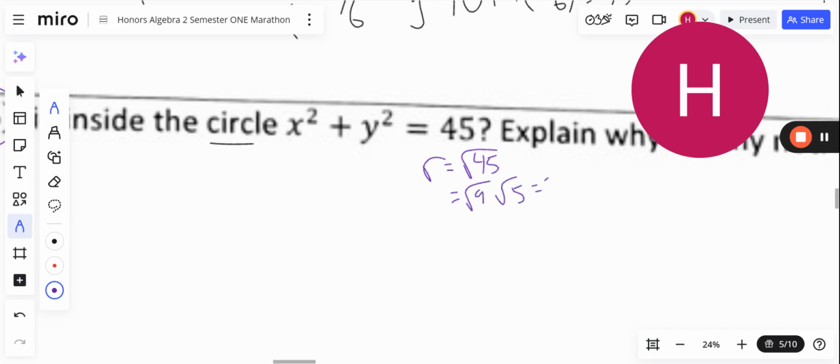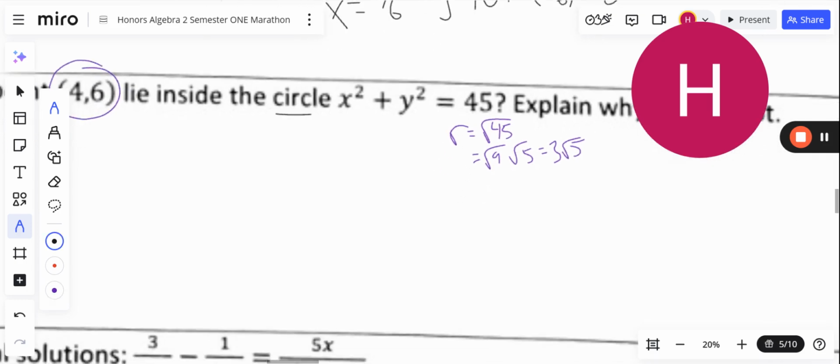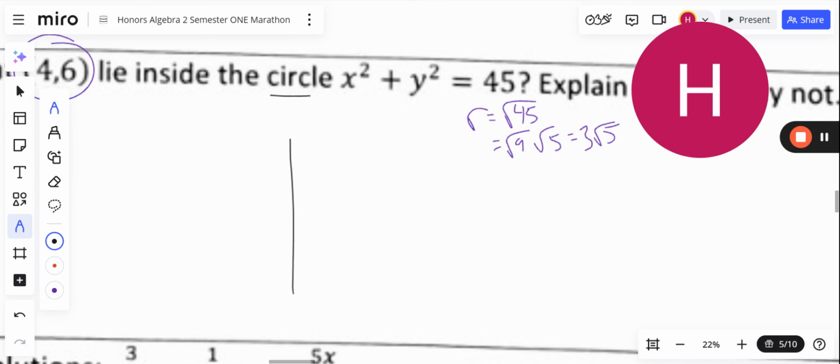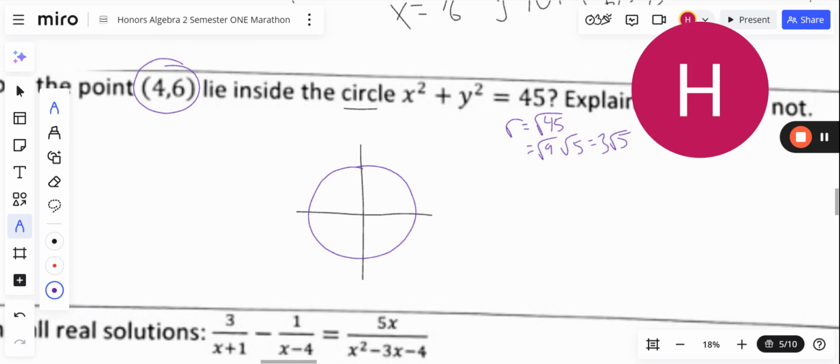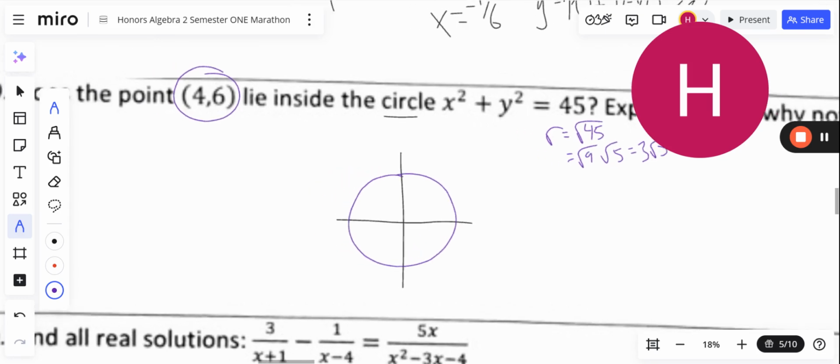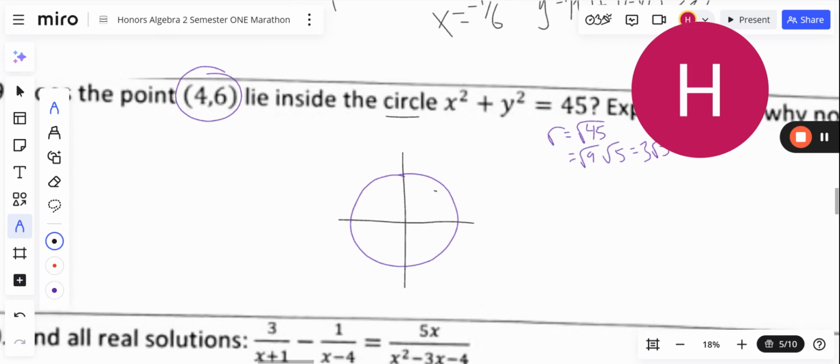That's just 3 times the square root of 5. That is sort of the perimeter. It's the radius technically, but that creates this perimeter. And we're trying to find out if 4, 6 is inside of that boundary, inside of that fence, or if it's outside of that fence.